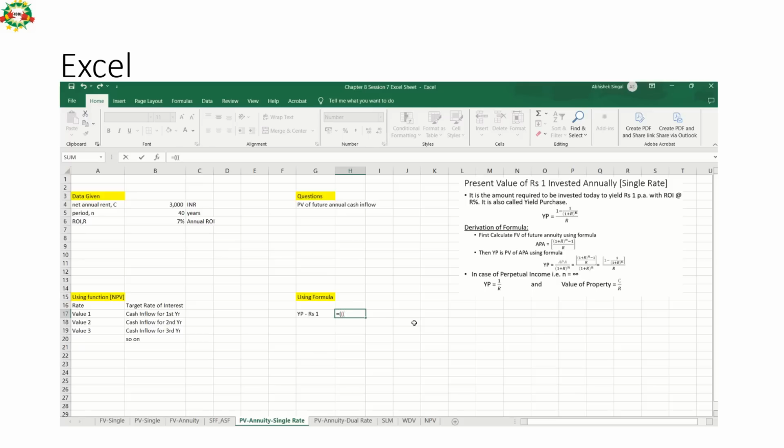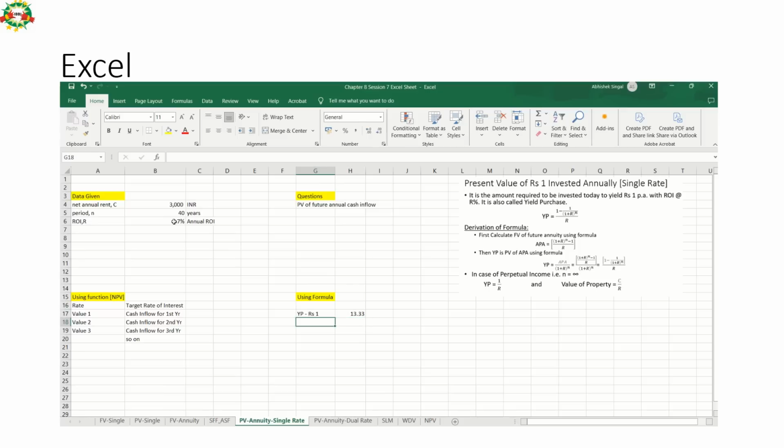Bracket 1 minus bracket one divided by bracket 1 plus rate of interest raised to power n bracket close and then bracket close divided by r. So this is the value of year purchase.